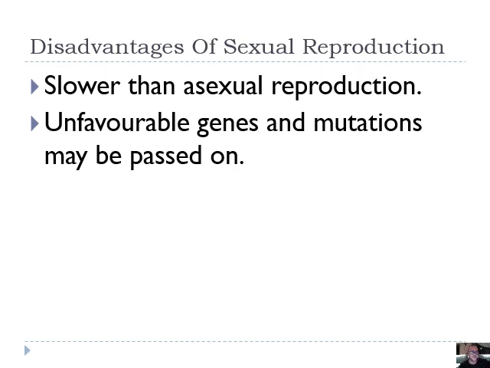So we find that plants actually respond in very different ways. When it is under extreme stress, that is when it's going to go through sexual reproduction, whereas when times are good, it's going to go through asexual reproduction, and that is because of the idea of genetic variation.